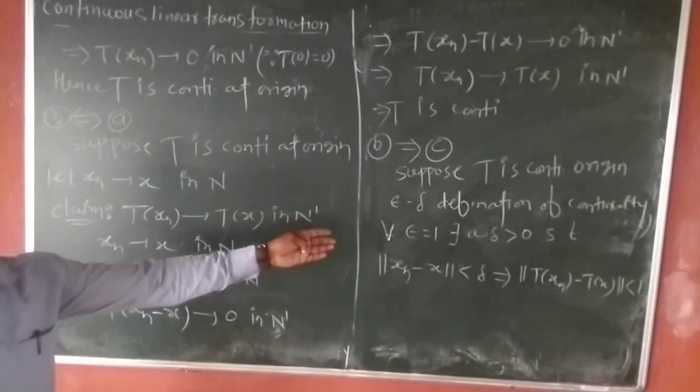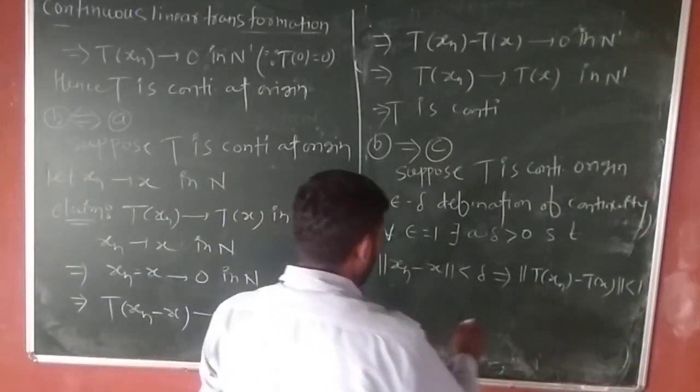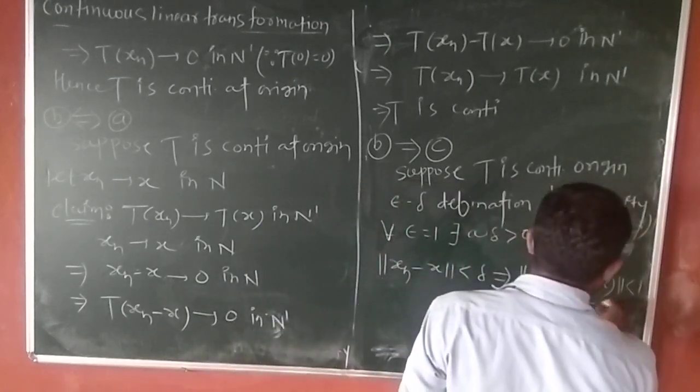This is the epsilon delta definition of continuity. So by applying it, we use number 1.